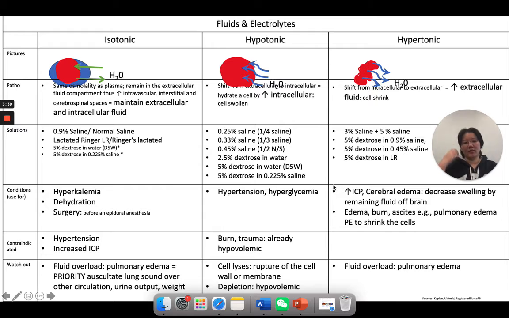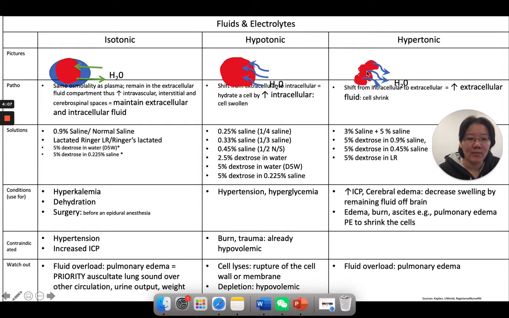That's why I have those two there. Conditions we can use it for are hypertension or hyperglycemia. It is contraindicated in burns and trauma, as they already have hypovolemia. Watch out for cell lysis, because we are infusing lots of fluids into the cells, and also depletion, so our blood volume will probably drop more.